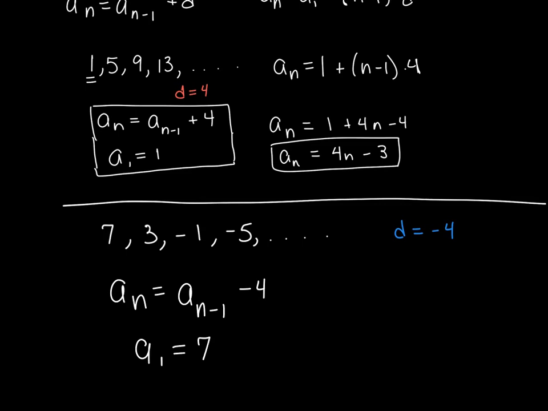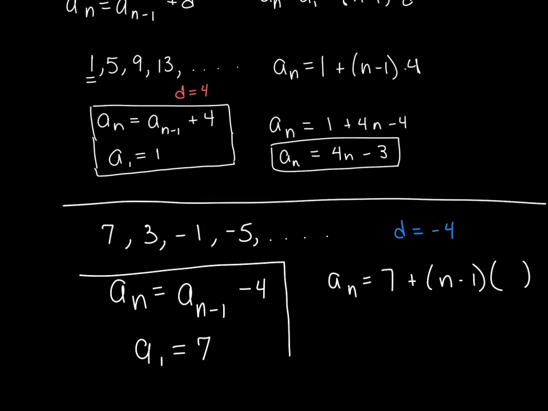The recursive formula is the only one where you have to have that a_1. Now, the explicit is a_n is equal to the first term, which is 7, plus n minus 1 times my common difference, but this time my common difference is -4.